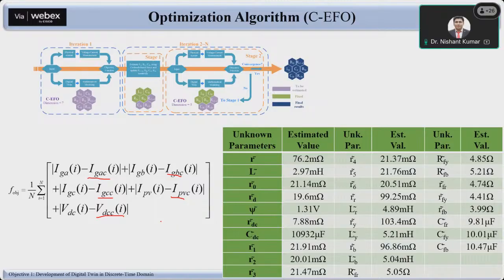So anyhow, you have to write the equation for these known parameters, which is a function of all unknown parameters, so that you will generate this objective function to find out the actual value of all those unknowns. This is the tricky point here.